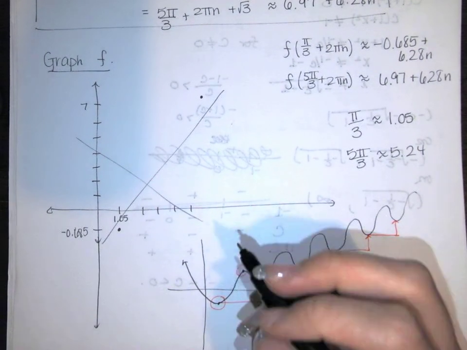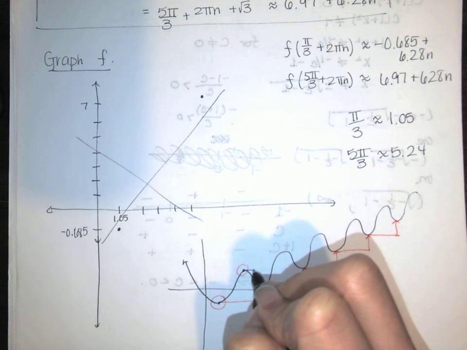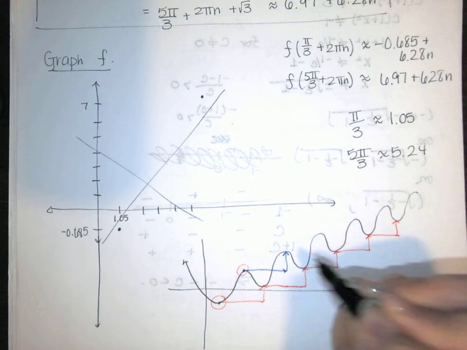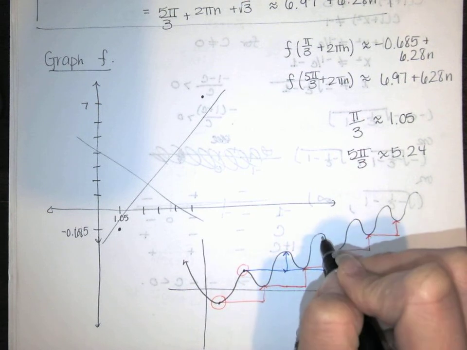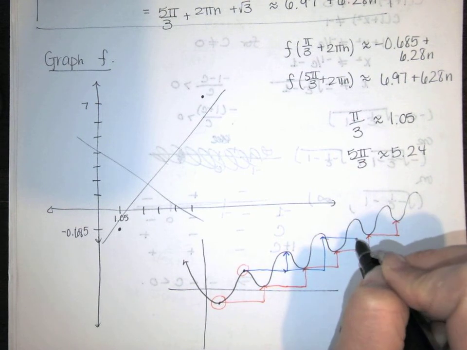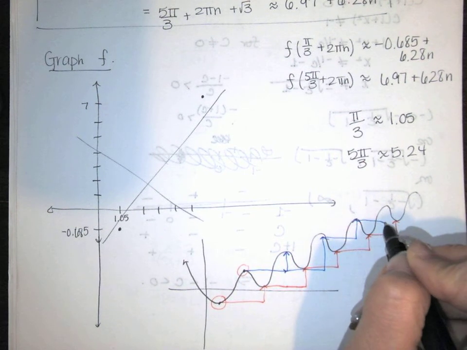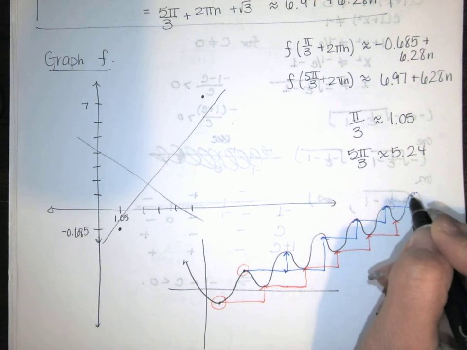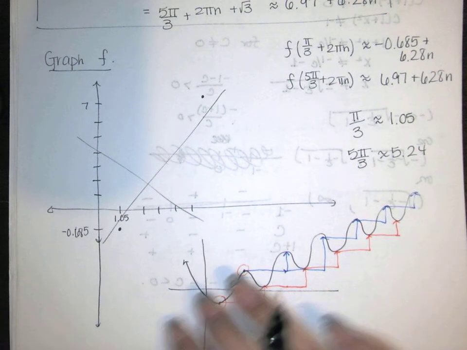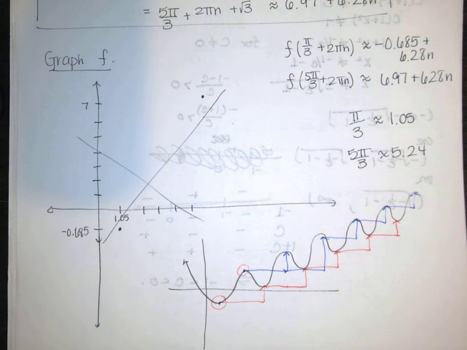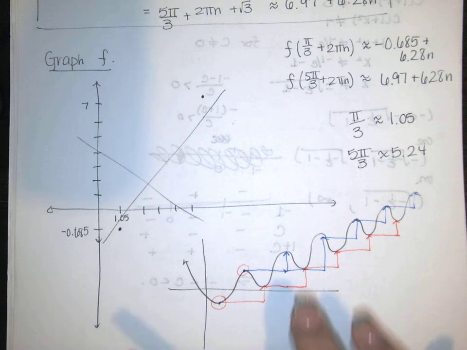And the same thing is true here. We're going to add 6.28 to the x and add 6.28 to the y, over and over and over again. And it gets us all the relative maxes and all the relative mins. So that is my very, very rough sketch of this function.